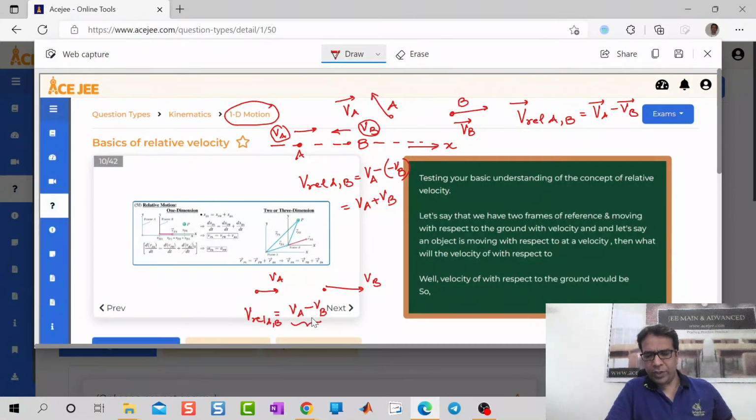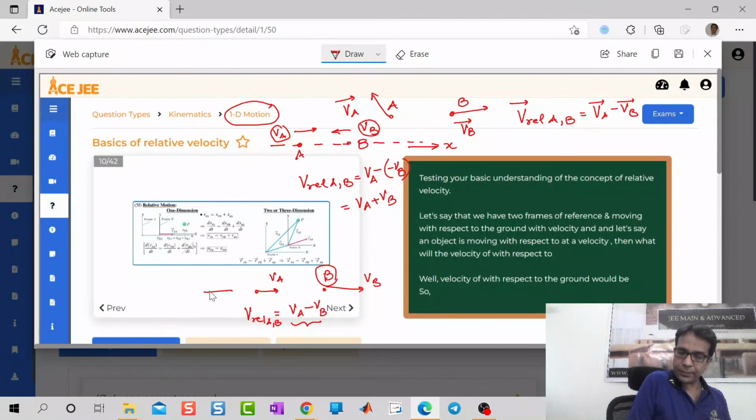Now, depending on the relative magnitudes, if VB is smaller than VA, then as seen by this particle B, particle A is approaching it. But if VB is greater than VA, then B will think that A is actually moving in the other direction. Does that make sense, beta?